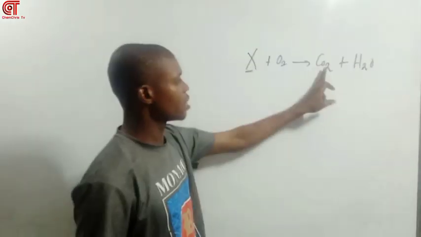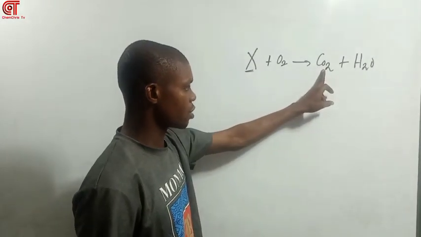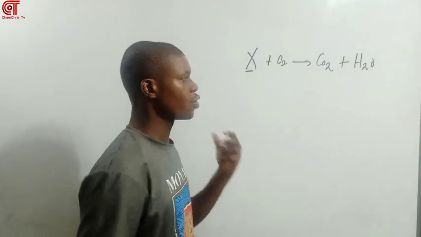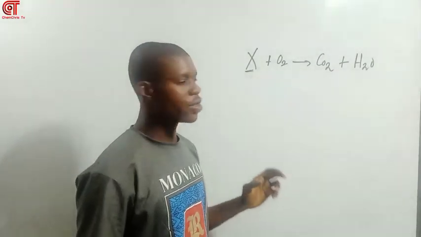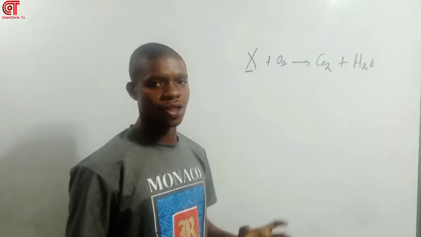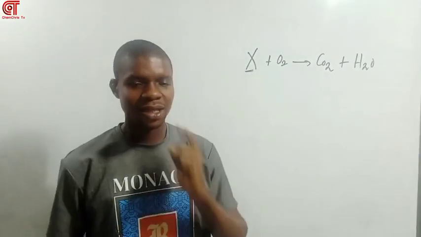The mass of this CO2 was given to us, and the mass of water was given to us. So it's from the mass of CO2 and the mass of water given to us that I'm going to use in the calculation.